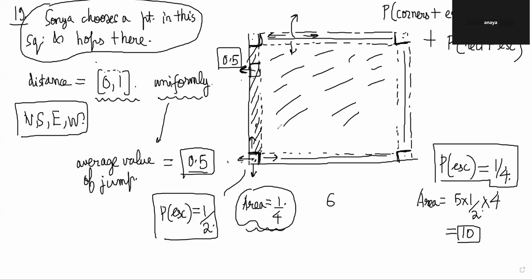And total area of the whole square was 36, right? So probability of ending up in a corner is 1 over 36, right? Any of the 4 corners. We are dividing the area of our region by the area of the total square. Multiplied by probability of escaping from the corners is half.